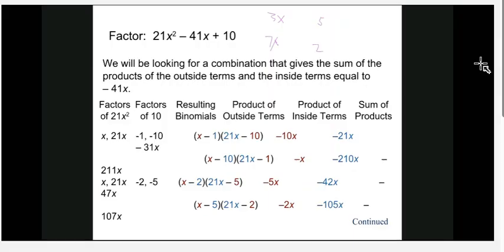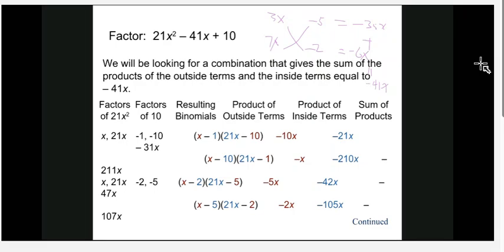And this will be -5, -2, and then cross multiply. 3x times -2, I got -6x. 7x times -5, I got -35x, right? And then these two add up together, it is -41x. All right, so that means this combination works.